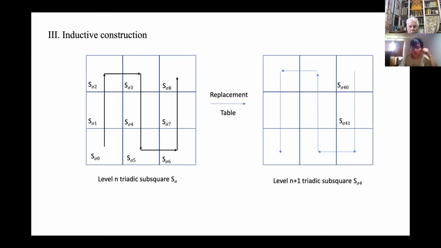Oh, like the X sigma 4. So 4 is like the middle one. So I just replace the pattern in the middle one with this pattern? Sigma 4, 1 is, first of all, the basic patterns of these two need to be the same.